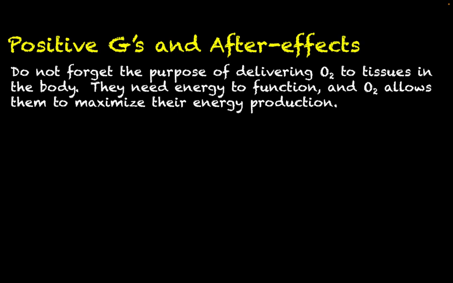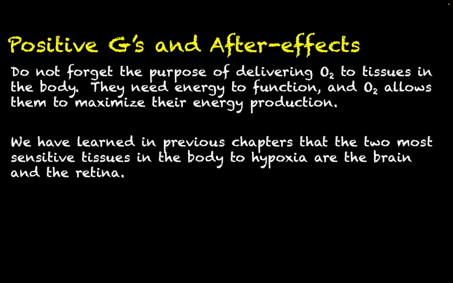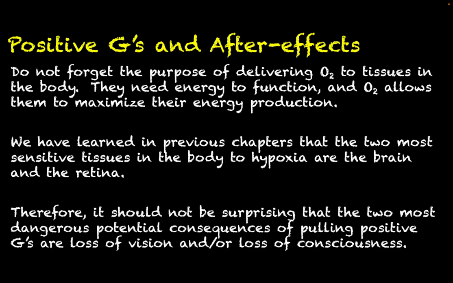They are very energy-costly activities that they do, so they need as much oxygen as they can get. So we've learned in previous chapters that the two most sensitive tissues in the body to hypoxia are the brain and the retina, especially the retina. We have seen that with hypoxia, the very first symptom that you're going to notice is diminished night vision, and we've covered that before.